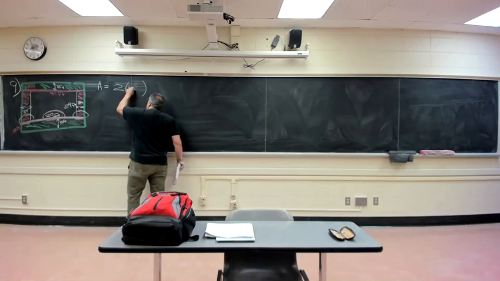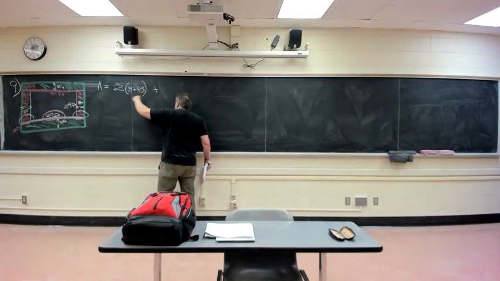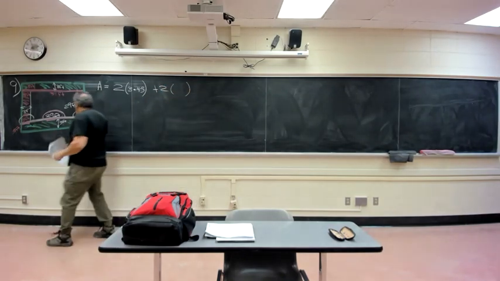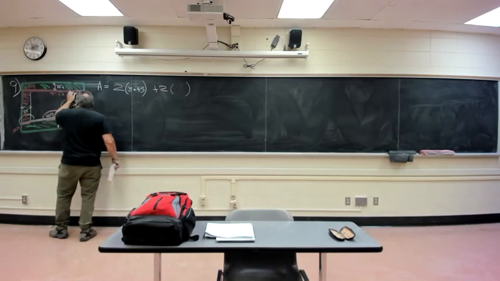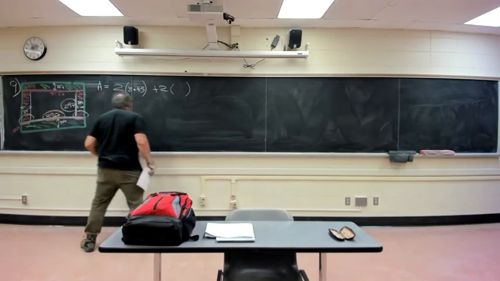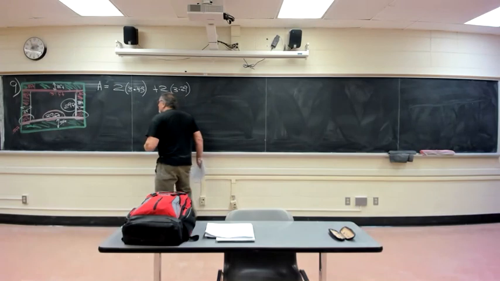So 3 times 45. And you're going to double it because there are 2 big ones like that. Then you're going to double the small ones. This right here is 29 and width of 3. And there are 2 of them.